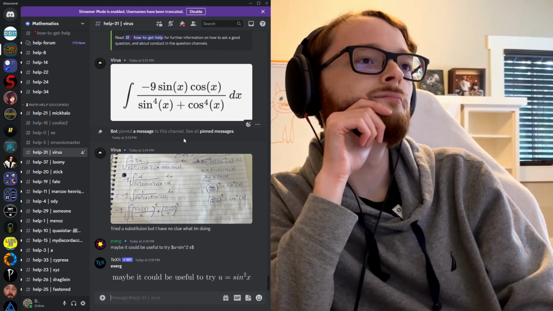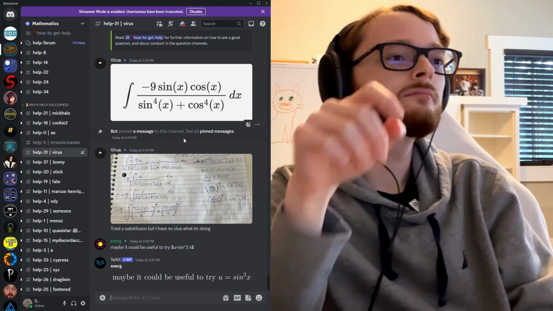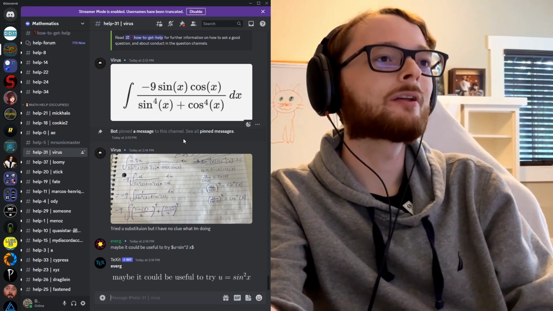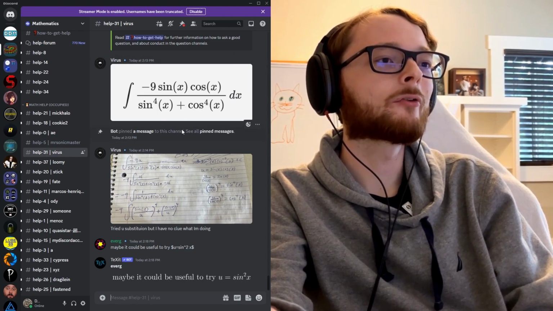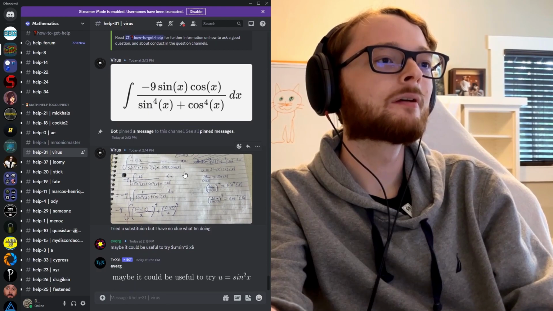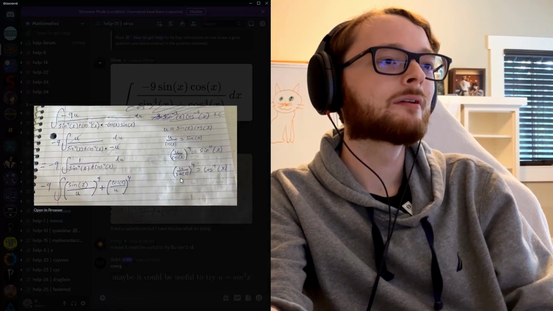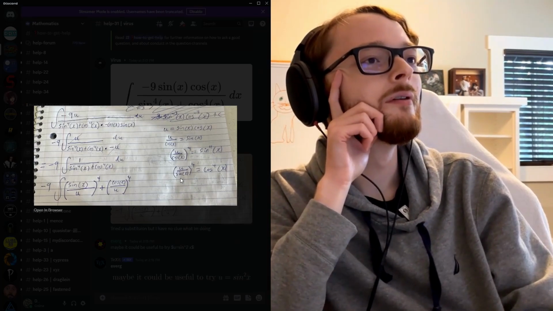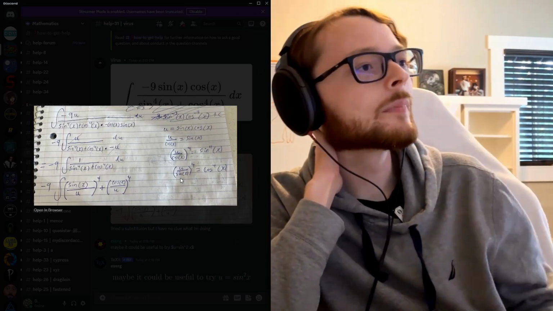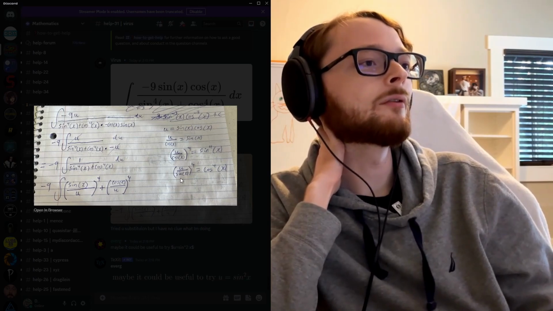Banana. Interesting integral. You could get the bottom to be all sine or all cosine using the Pythagorean identity. The top looks like a half angle.